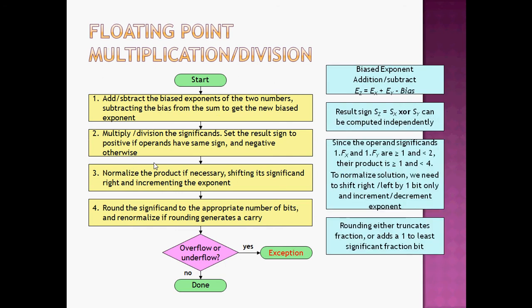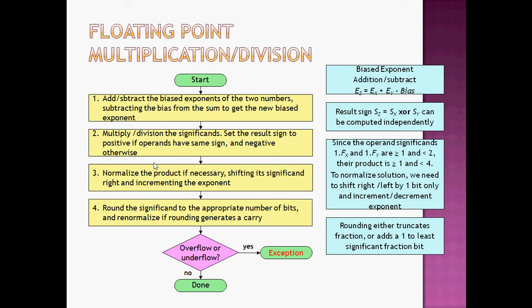Now let us move to the algorithm of multiplication or division. Start. Add or subtract the biased exponents of the two numbers, subtracting the bias from the sum to get the new biased exponent. Multiply or divide the significands. Set the result sign to positive if the operands have the same sign and negative otherwise.